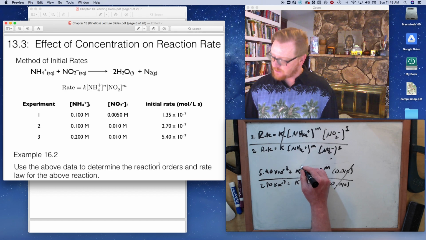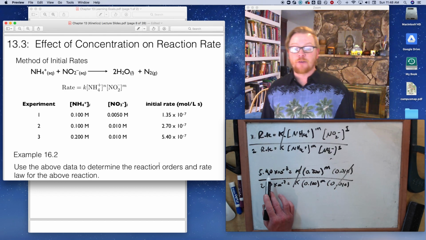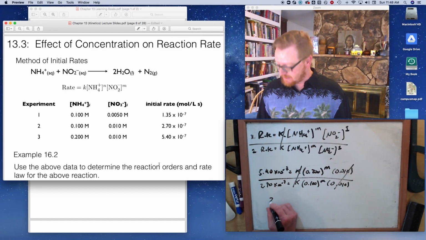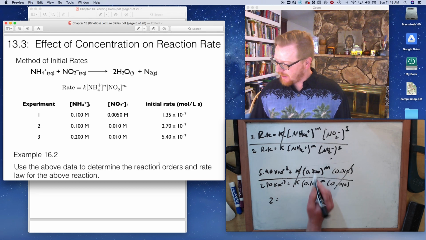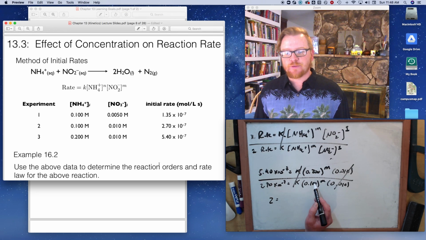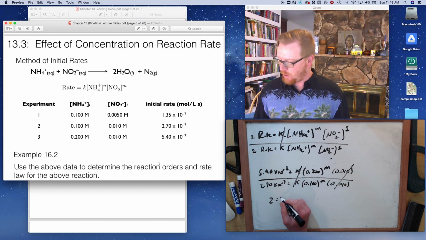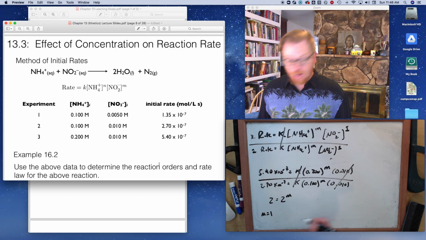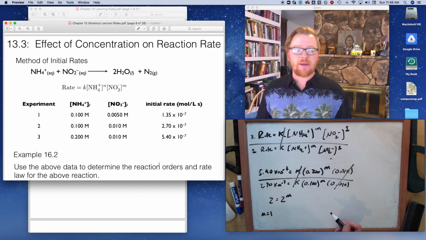All of that cancels. The K cancels. 5.4 over 2.7 is exactly 2. And that equals 0.2 divided by 0.1 raised to the m power, which is also 2 to the m. So m equals 1. So we determined that both m and n are 1.